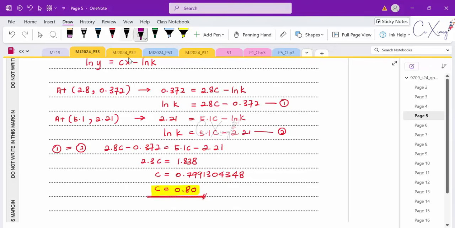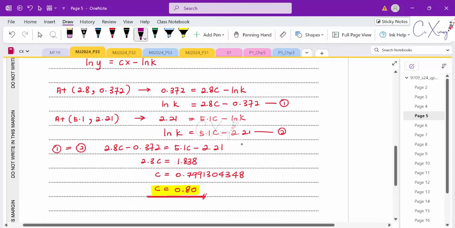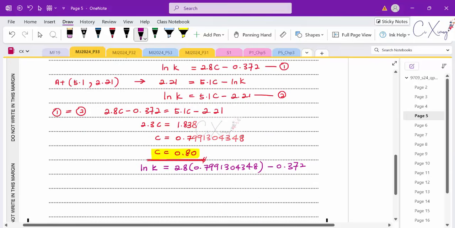Alright, so after that I will get the value for k, so ln k. You can substitute back into any equation, equals maybe 2.8c minus 0.372. Okay, then for k, I want to bring the ln over to the other side.